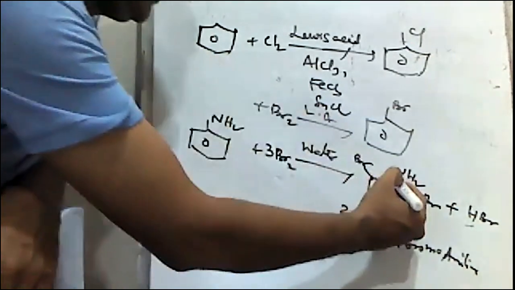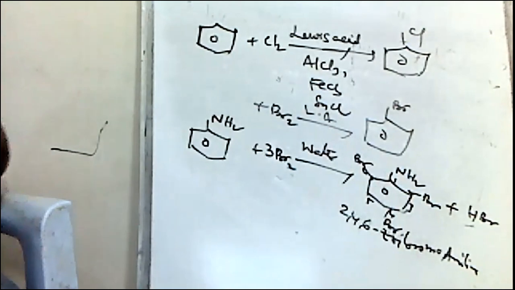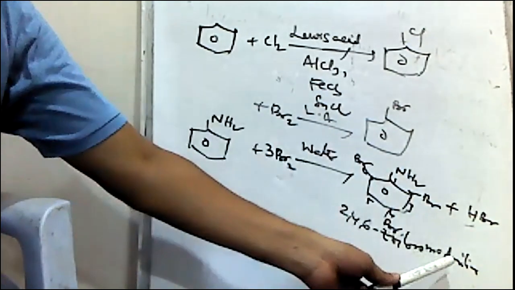So this is positions 1, 2, 3, 4, 5, 6. So it forms 2,4,6-tribromoaniline.